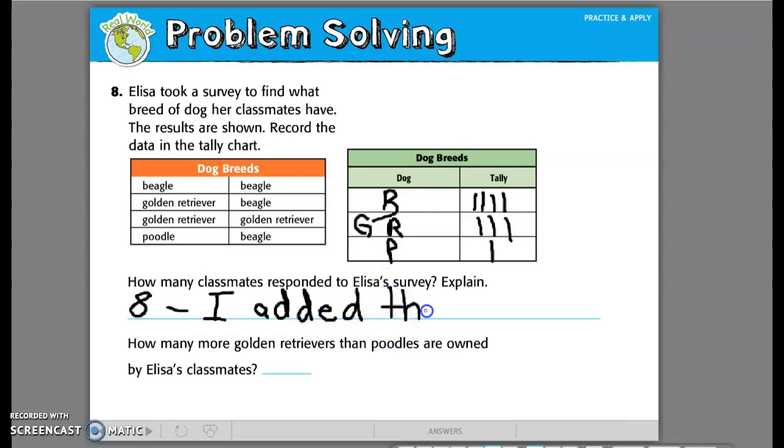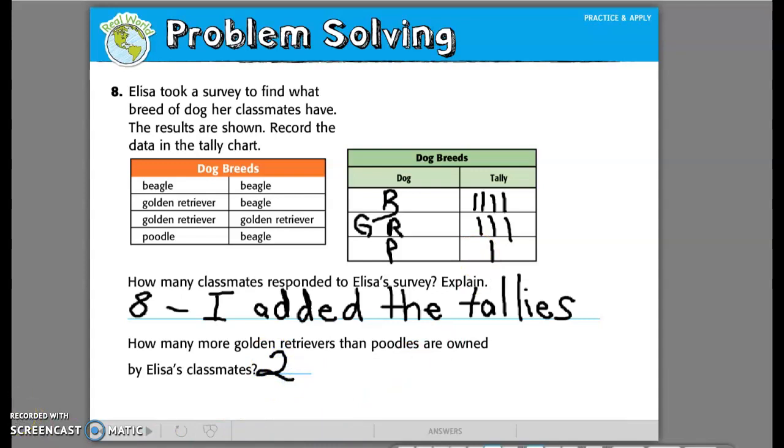Underneath of that, it says how many more golden retrievers than poodles are owned by Elisa's classmates. Well, I come up here, I see that there are 3 golden retrievers. There's only 1 poodle, so there would be 2 more retrievers than poodles.